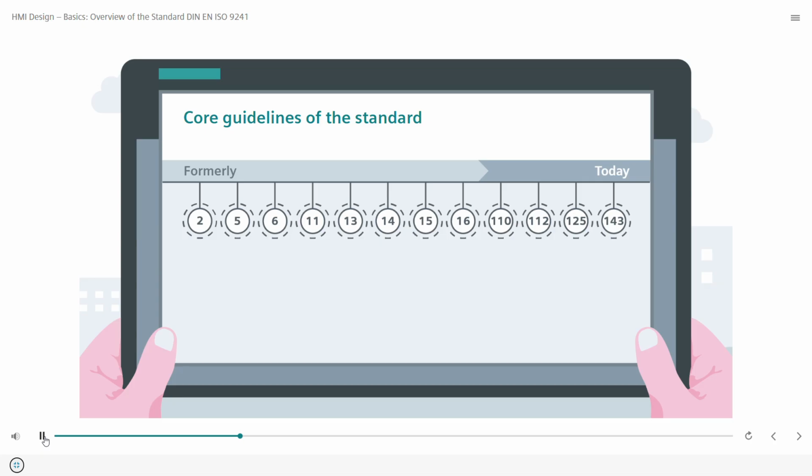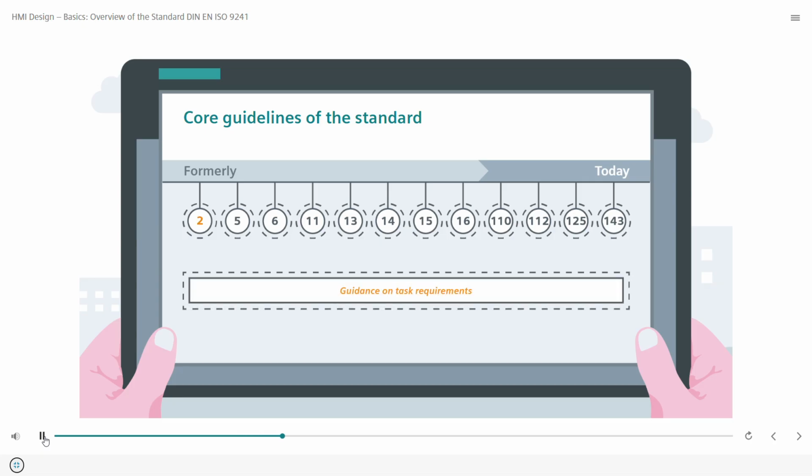The parts of the standard still valid today are guidance on task requirements, workstation layout and postural requirements, guidance on the work environment, terms and concepts that define the principle of usability, user guidance, menu dialogues, command dialogues, direct manipulation dialogues.